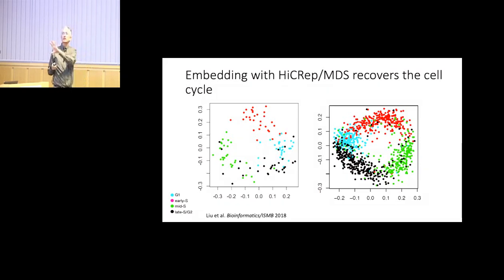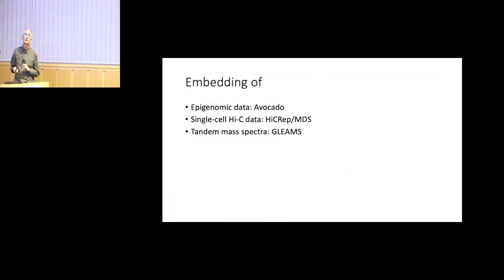So Gia can tell you a lot more about this. This was presented last year at the ISMB, but the point is, this is a very nice way to take single cell data and project it down into a lower dimensional latent space in which the relationships now clearly reflect, at least for this data set, the underlying biology of cell cycle variation.